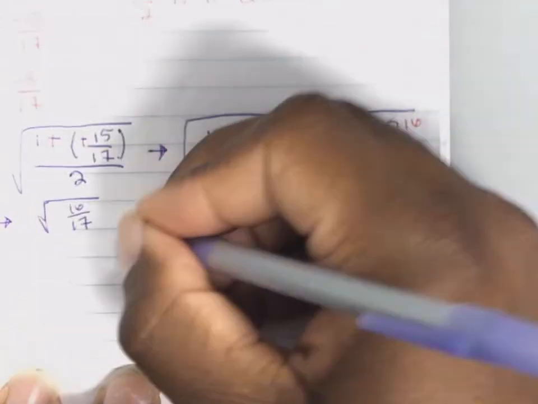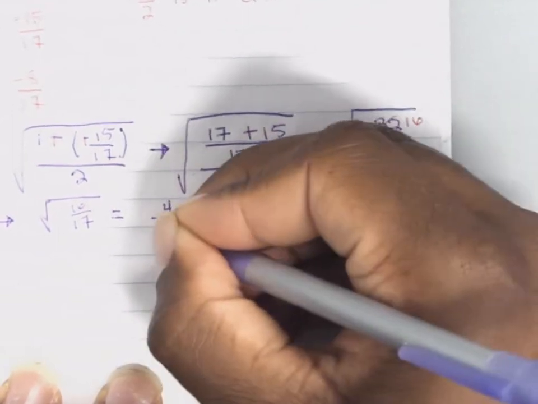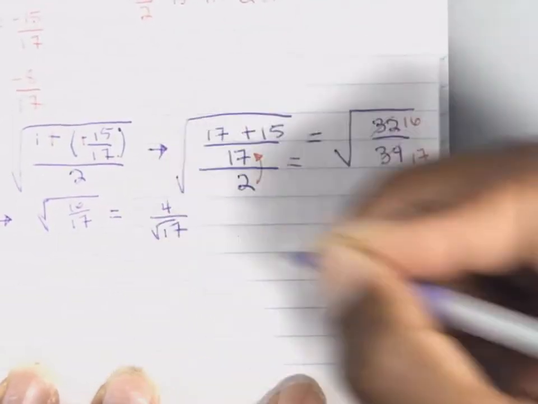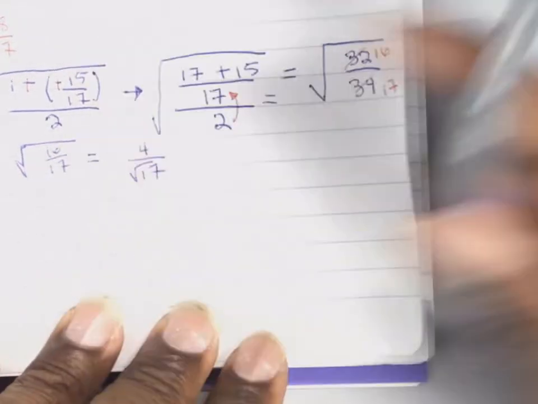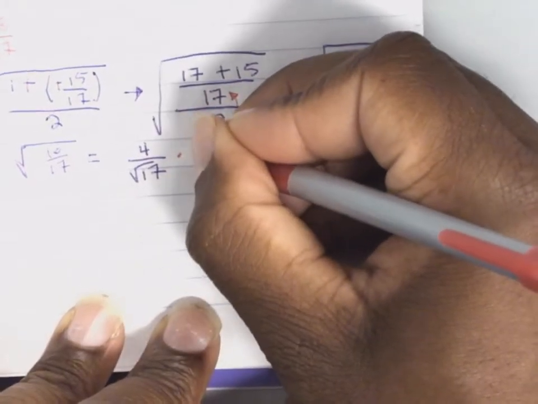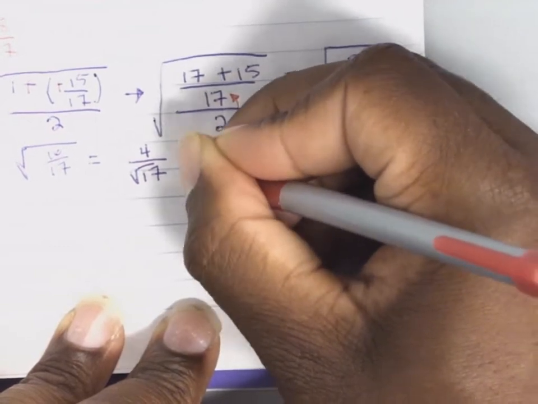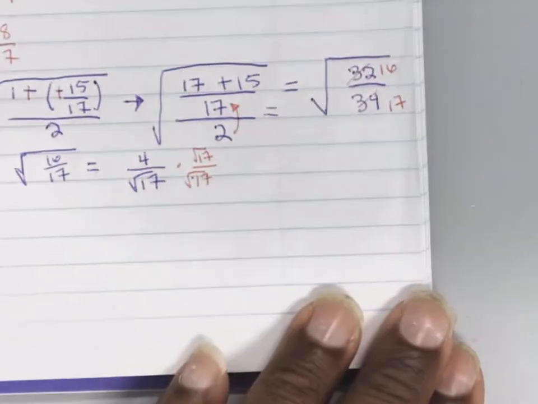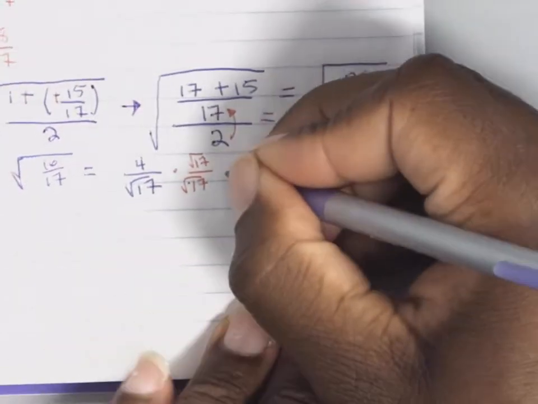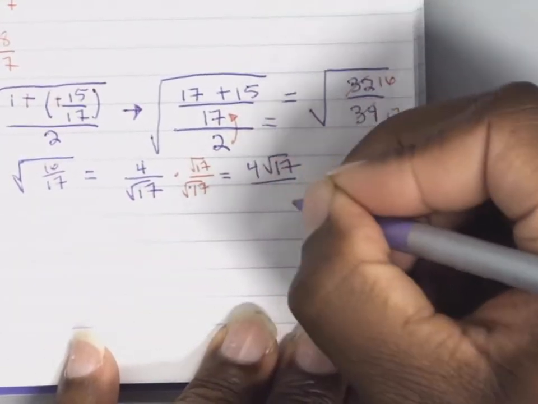Square root of 16 is 4, so I can write this as 4 over root 17. And then I can't leave it like that, so I have to rationalize it by multiplying the top and the bottom by the radical on the denominator. So I multiply the top and the bottom of this fraction by the square root of 17, and I get 4 times the root 17 over 17.